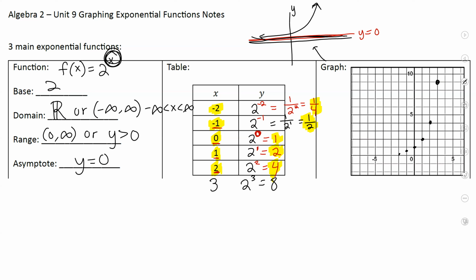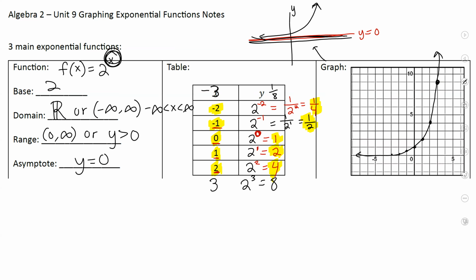Okay, so notice, and guys, if I put in a -3 here, what do you think the y value will be? 1/8. It just flips. So it would be really small, but notice it's never 0. It just gets really close. So guys, go ahead and connect your points. That's your graph. And that is your parent function.